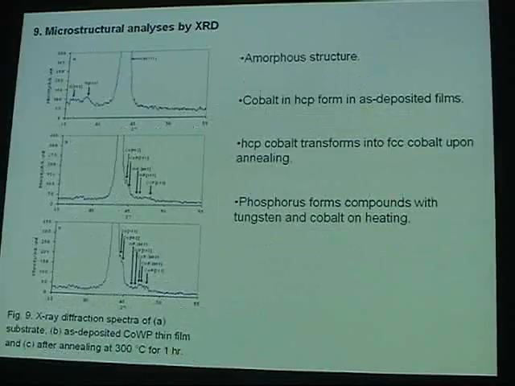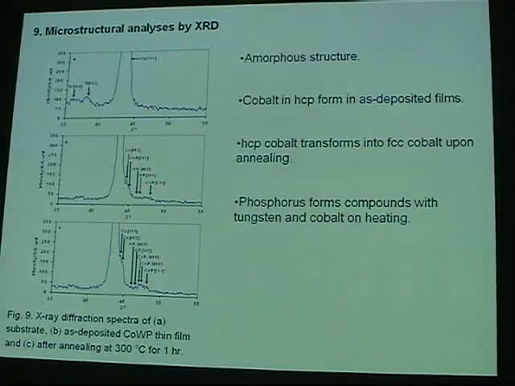So this is the X-ray diffraction on this deposited film. This one is the substrate, and we deposited copper. This copper substrate has a strong preferred orientation of 111, and this is related to the titanium silicon. So this is the as-deposited film, and we got some hexagonal cobalt over here, and some cobalt and tungsten compound with phosphorus.